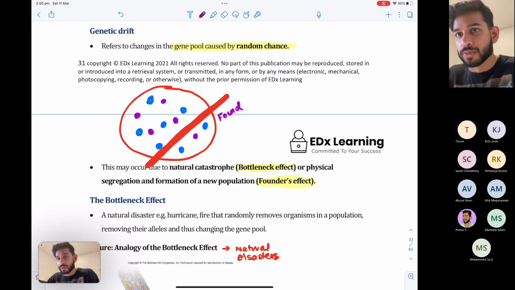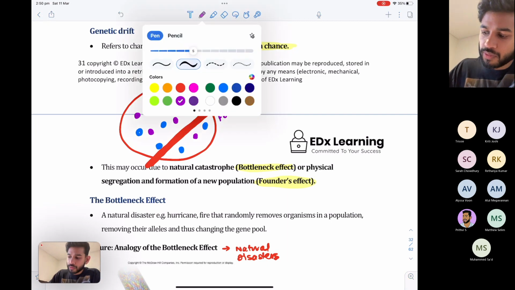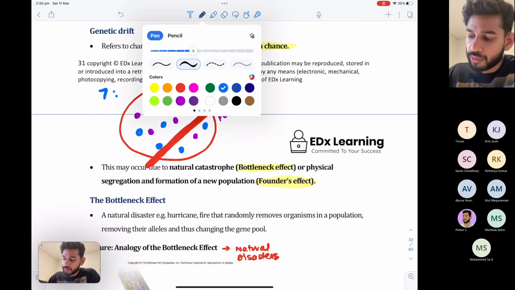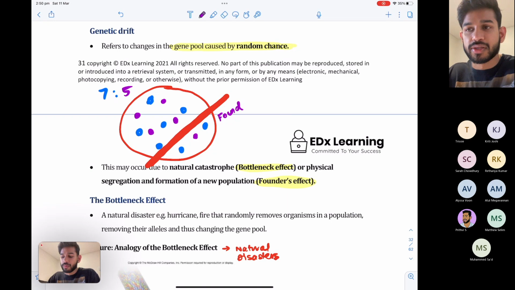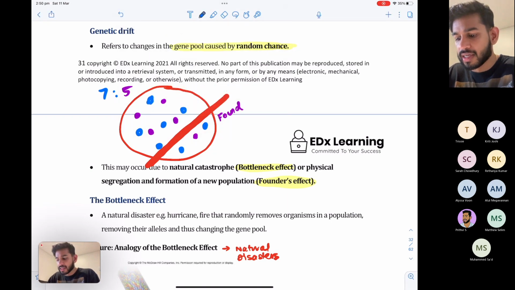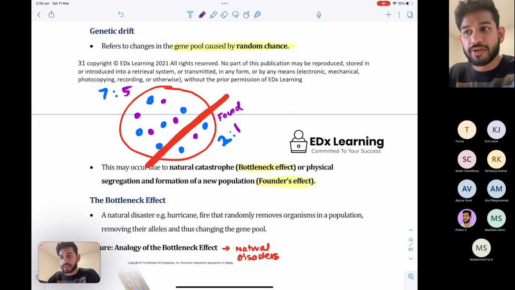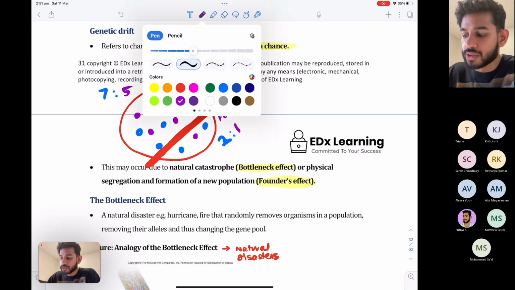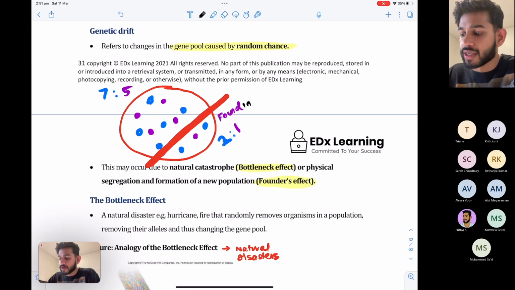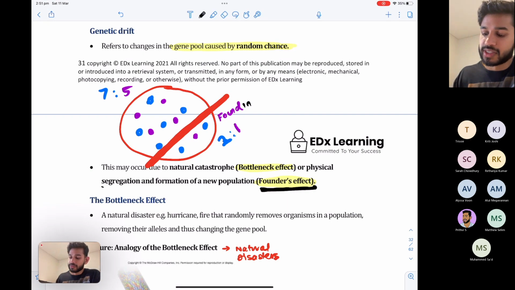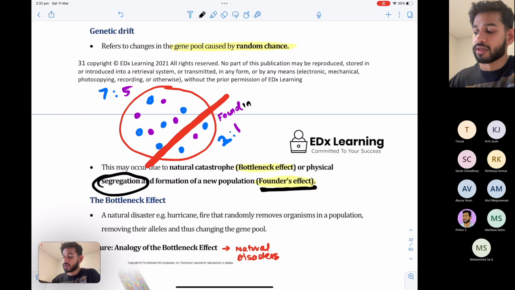If you count the number of blue to purple balls, you can see there's 7 blue to 5 purple, right? But in this new population, the allele frequency is 2 blue to 1 purple. That is a different allele frequency. And so we call this new segregated population the founding or the founder's population. Hence why this effect of segregation of the population is called the founder's effect.